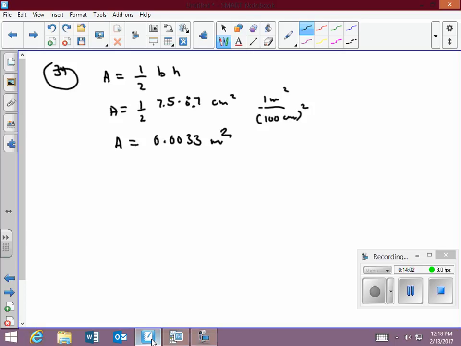Now they want the B part, down to the nearest 100,000 square inches. So what we do is go back to that centimeters, because our conversion is 1 inch is 2.54 centimeters.